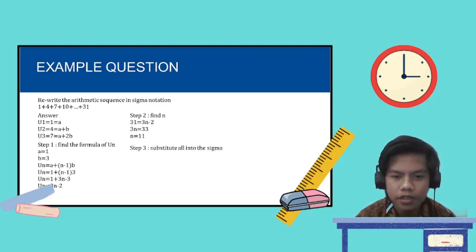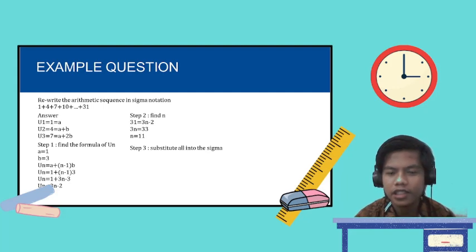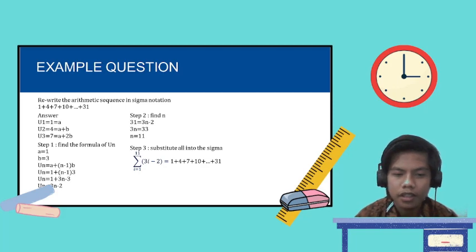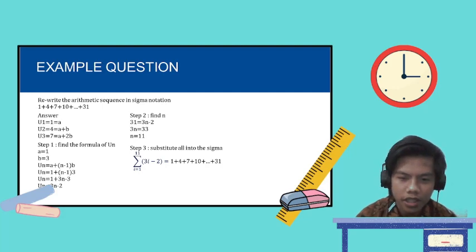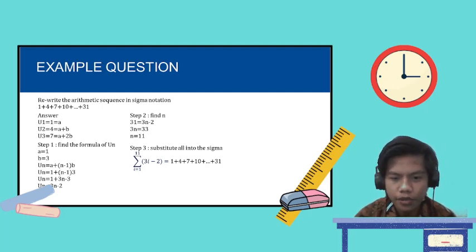We can substitute all into the sigma notation. And so we have sigma from i equals 1 to 11 of (3 times i minus 2), which is equal to 1 plus 4 plus 7 plus 10 plus up to 31.